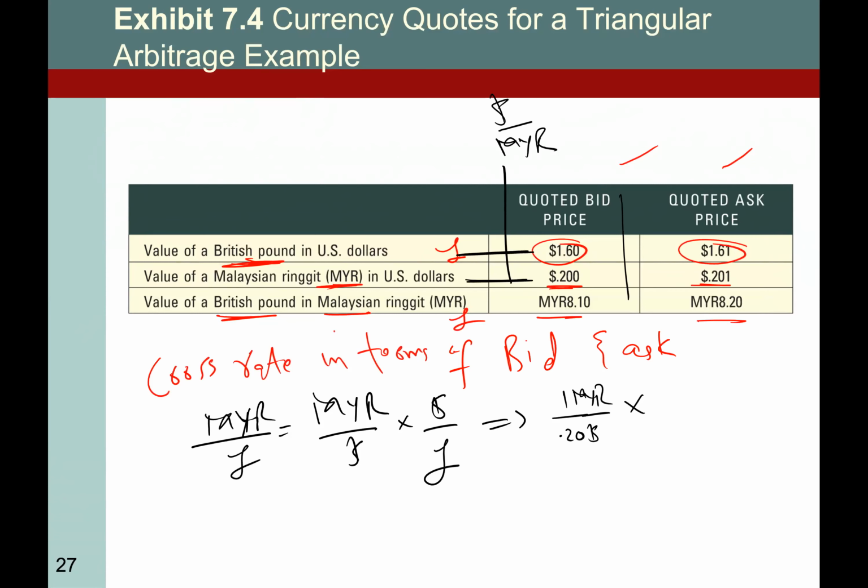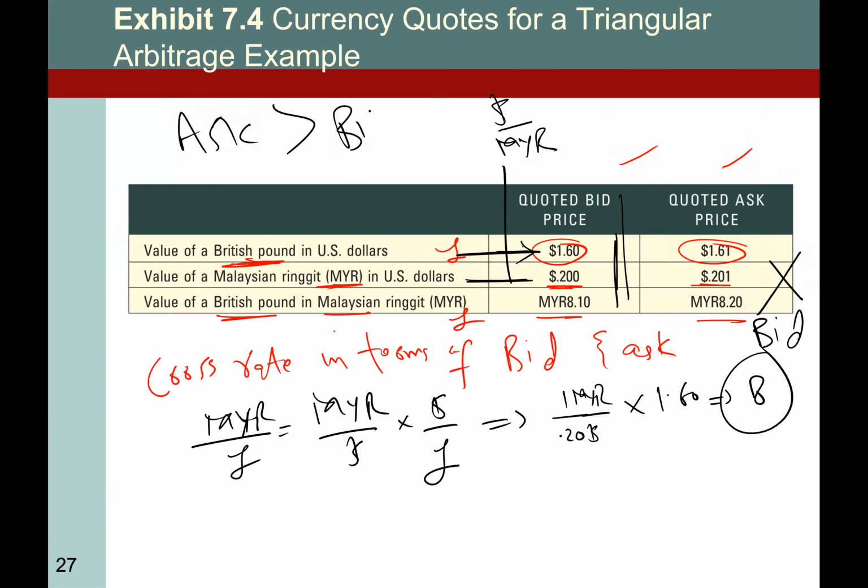So this is dollar over pound, 1.60. What is the answer here? 8, right? Because we just divided bid prices with the bid prices, can we call it the bid? Answer is no. We cannot until we find the ask, because ask is always greater than bid.